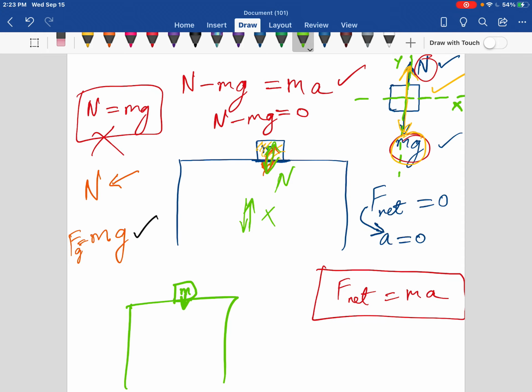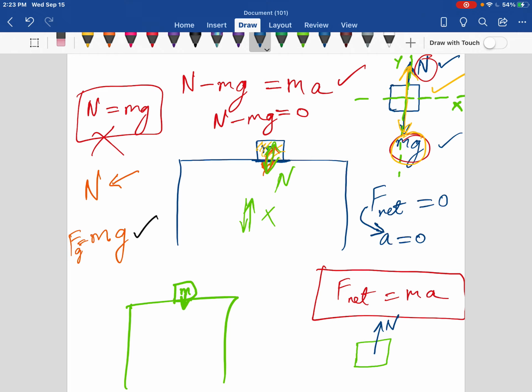However, when we draw free body diagrams, the most important thing is this: you are only supposed to draw the forces acting on the object, not the forces which the object is applying to its surroundings. So that is the reason why in our free body diagram I did not draw N like this and another N like this.